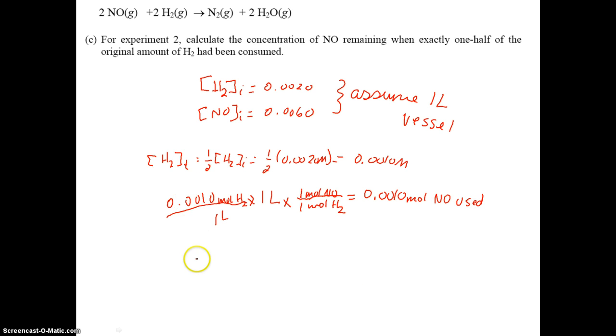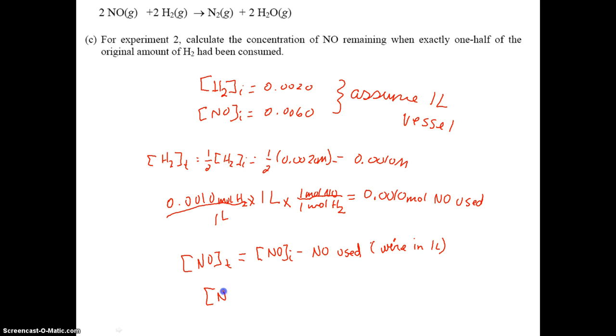So then the concentration of NO at the same time as the H2 is going to be equal to NO initial minus NO used. And this is all because we're in 1 liter. So that works nice for me.